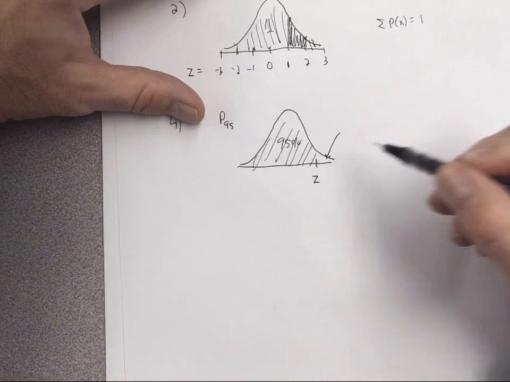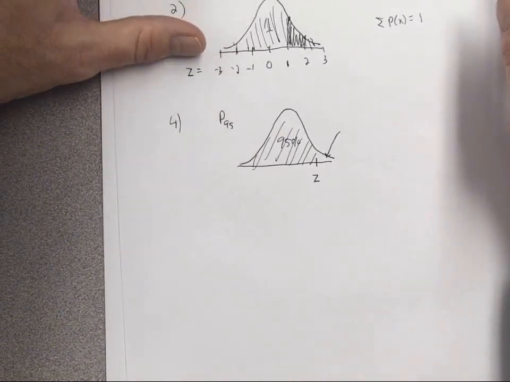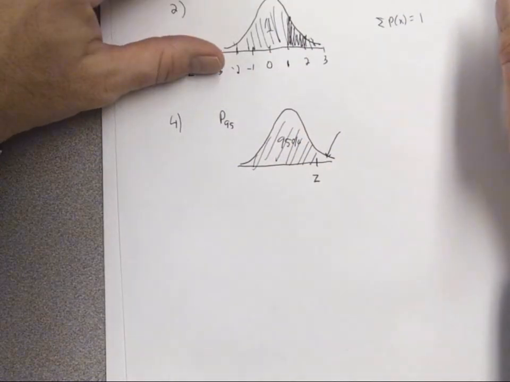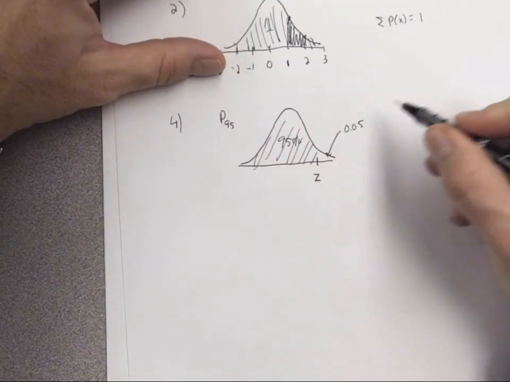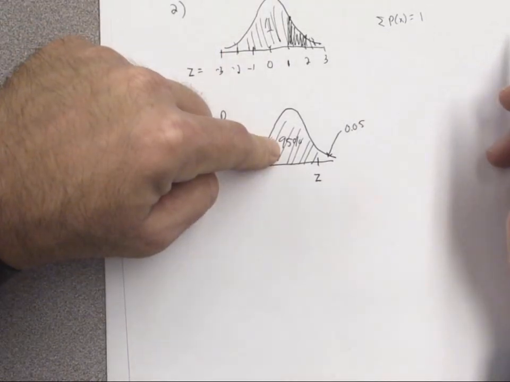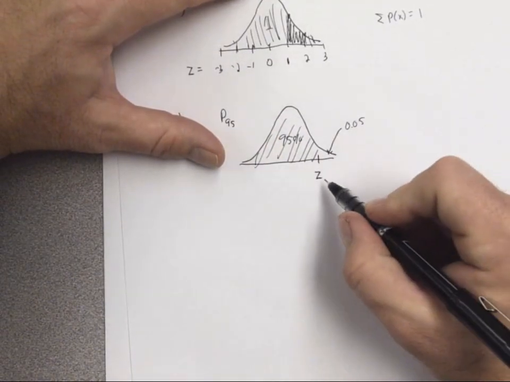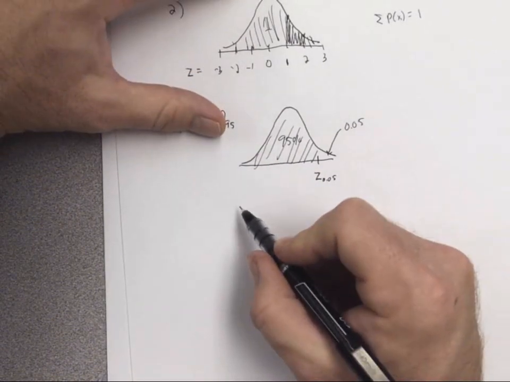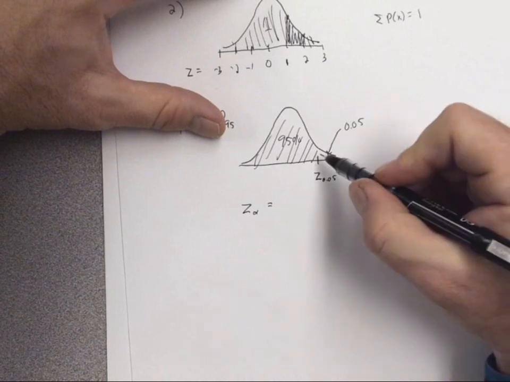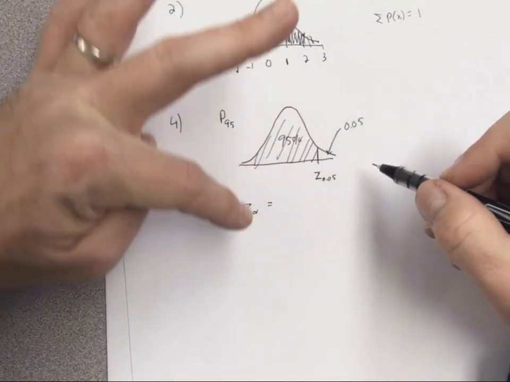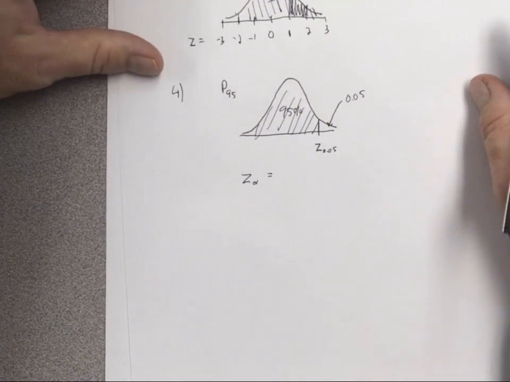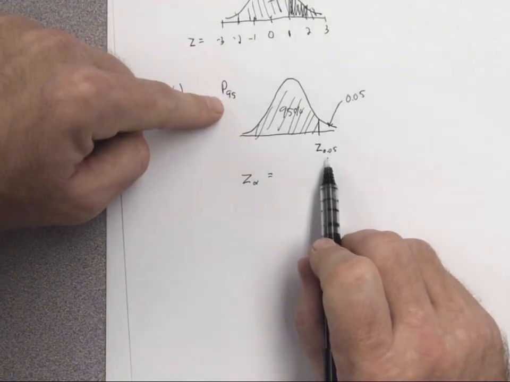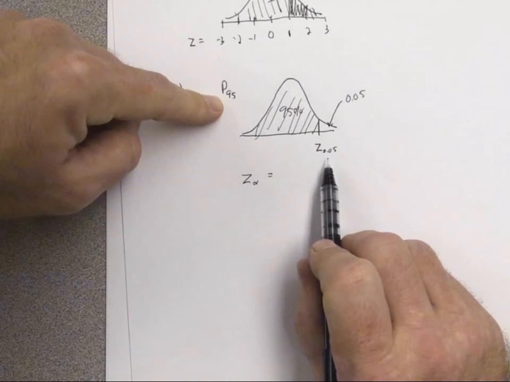What's the area in the tail? If this is 95% and the entire thing is 1, then it's 5% or 0.05. So in this case it would be Z 0.05, where alpha is equal to 0.05. When I say Z alpha, what I'm asking for is the Z-score that gives me a tail of area alpha. Does that make sense? So the Z of 0.05 is the same thing as the Z-score that will give me P95.